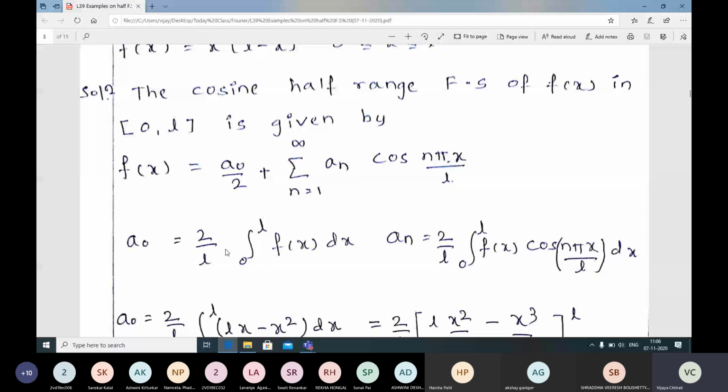We need to find these two, then substitute in the half range cosine series.